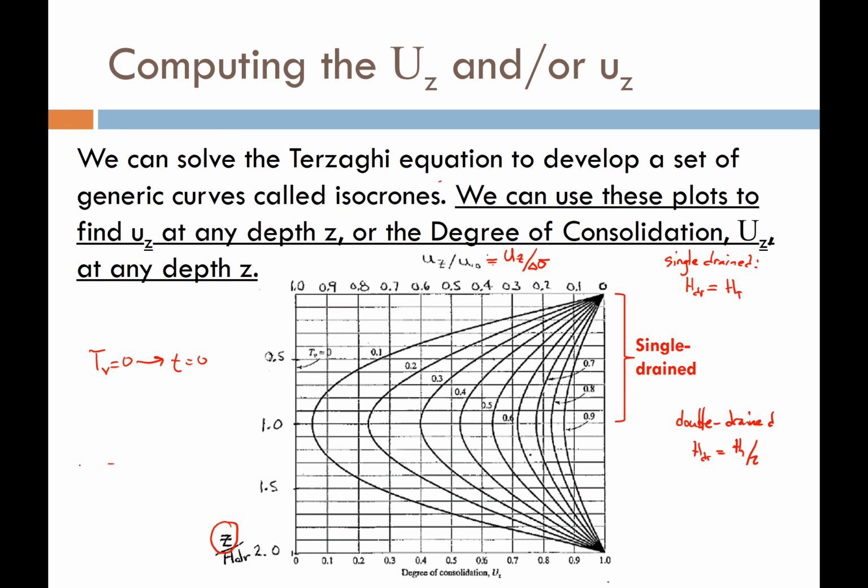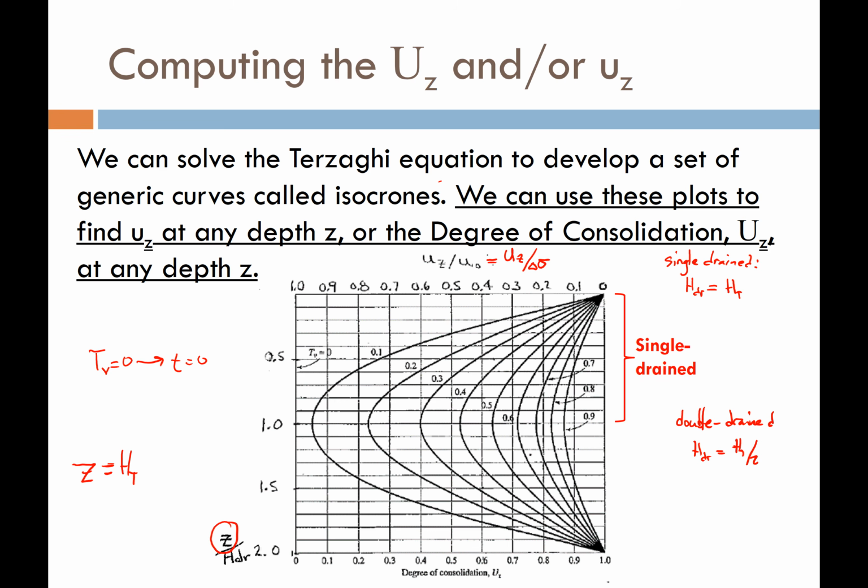And so if, again, I'm at the bottom of my clay layer in a double drain system, Z is going to equal the total thickness of my clay layer, because again, Z is the depth into the clay from the top of the clay. So if I'm at the bottom of the clay layer, Z is going to equal H, which is the thickness of the clay layer.